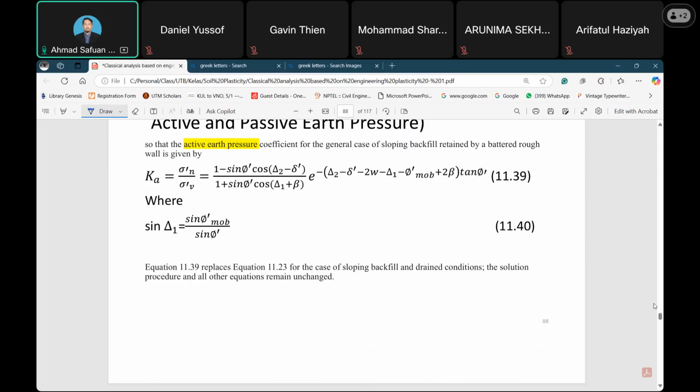Normally for the passive, we use the flat, because there is no sloping in front of the wall.